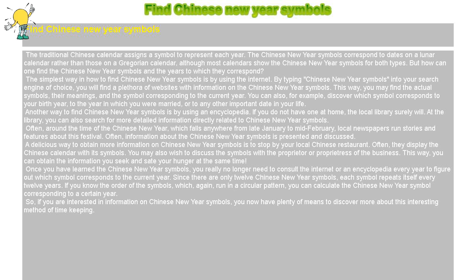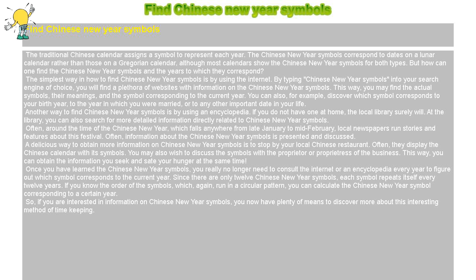But how can one find the Chinese New Year symbols and the years to which they correspond? The simplest way in how to find Chinese New Year symbols is by using the Internet.